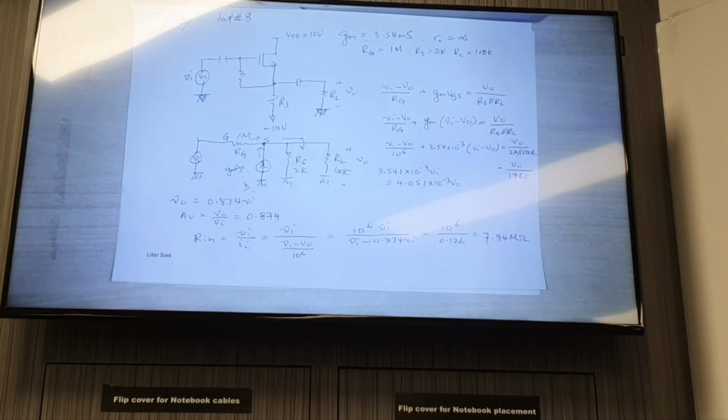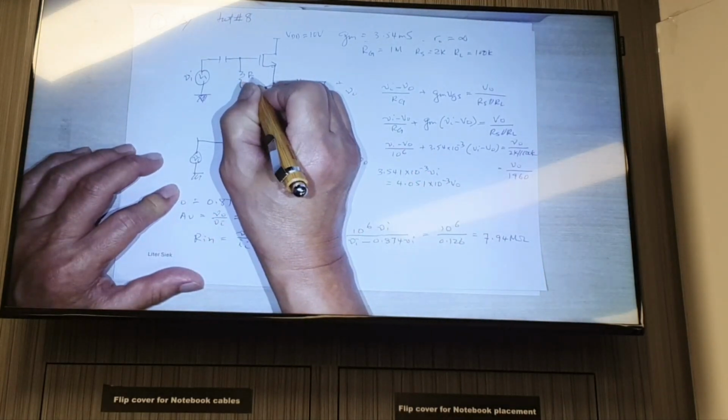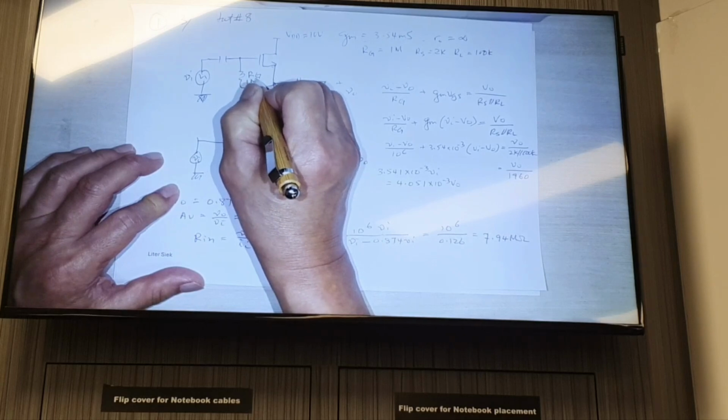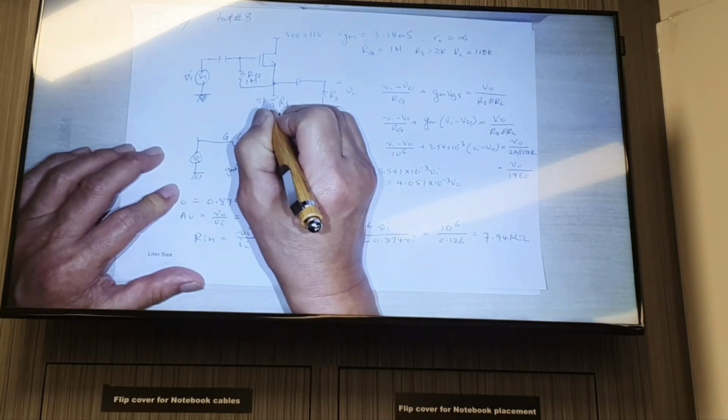I'll send you the. So if you look at this, you can see why we just mentioned that the input is being bootstrapped. If you look at the entire resistor chain here, this is 1 meg, this is 2K.